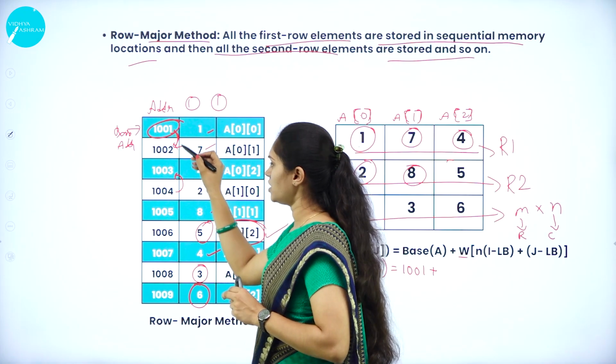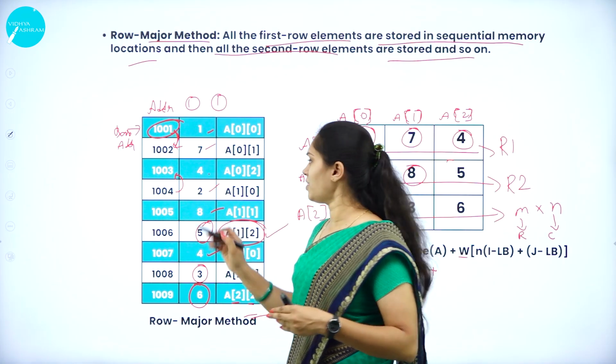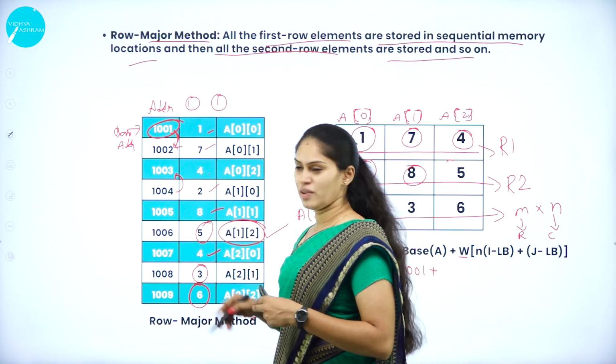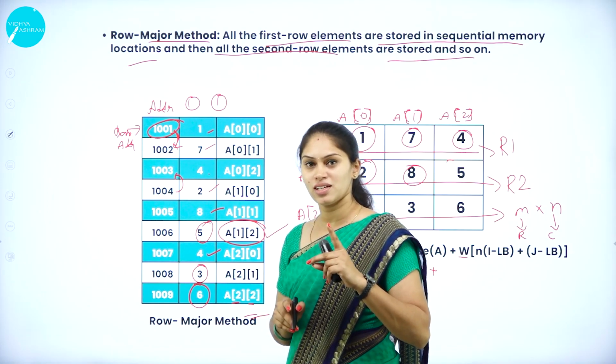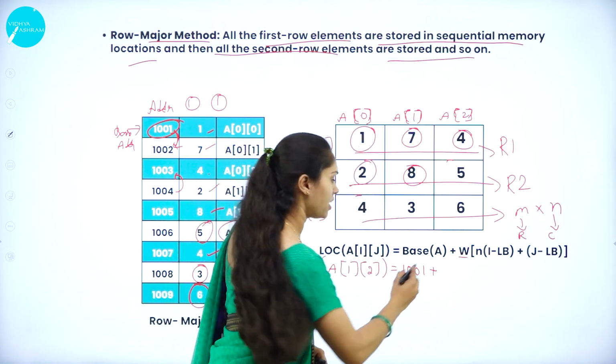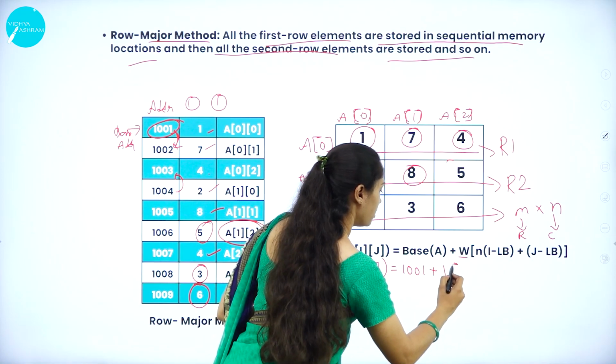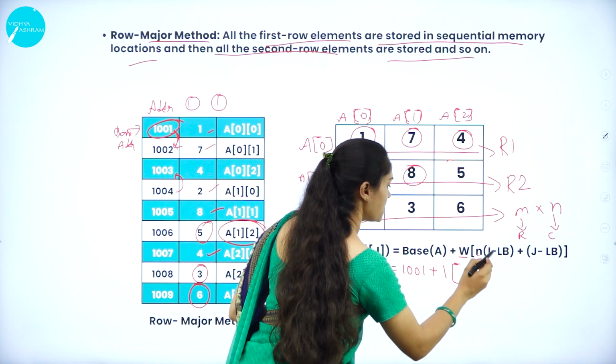Here we have 1001, and in the next continuous memory location we have 1002. What is the gap between these two? That is 1, so the W value will be 1, into N.